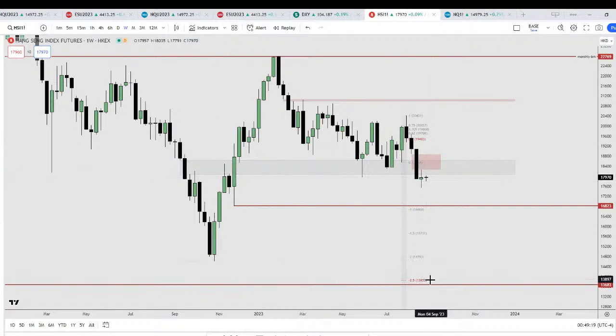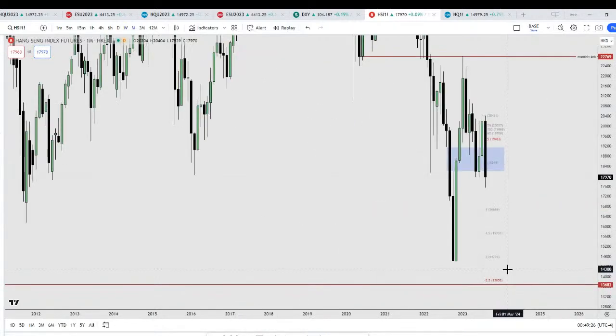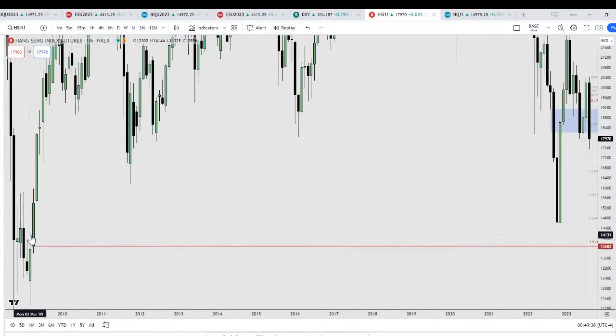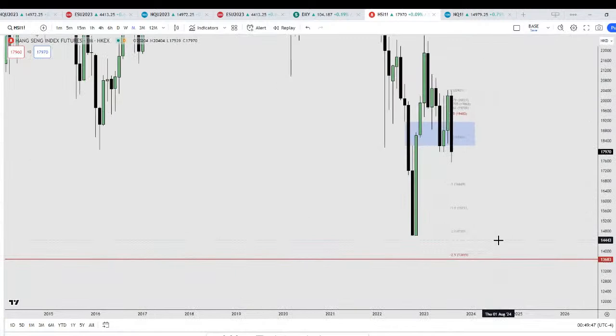Just right below 2.5 is your monthly volume imbalance right here. There are some inefficiencies below that that have not been completely filled just yet. So it could want to completely fill this up, and then we have this volume balance right below. So that's my target for HSI.